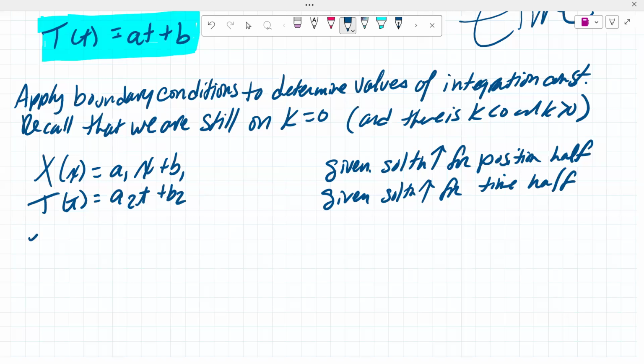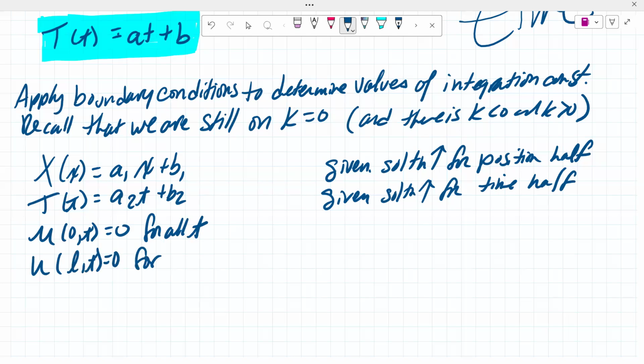And we have u of 0 and t equals 0 for all t, and we have u of L and t equals 0 for all t. These were the boundary conditions, which we discussed before.